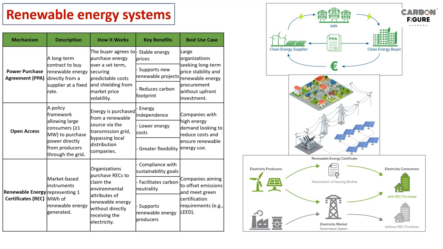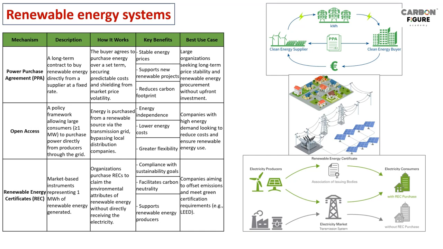Let us talk about the REC, then we can try to differentiate them, right? In case of REC, it's a market-based instrument representing 1 megawatt hour of renewable energy generated, right? Organizations purchase RECs to claim the environmental attributes of renewable energy without directly receiving the electricity.